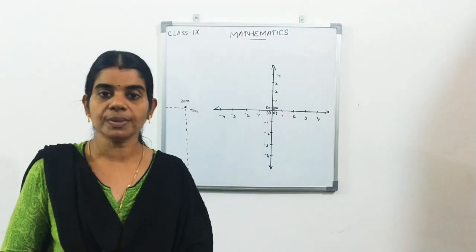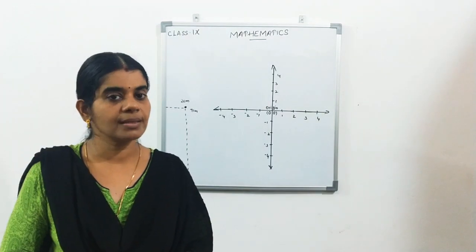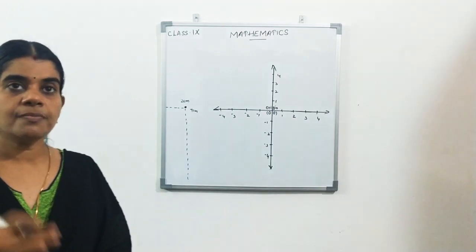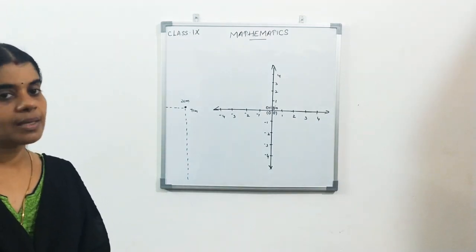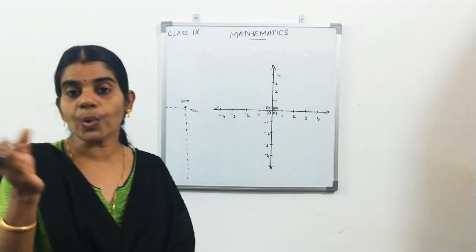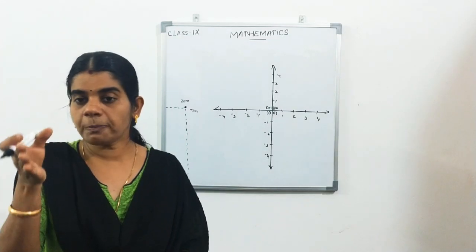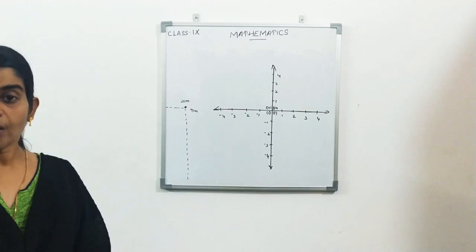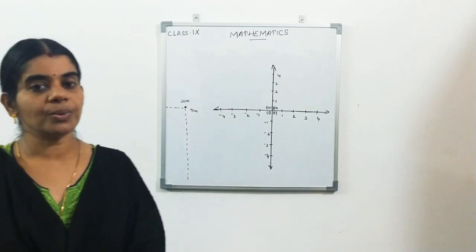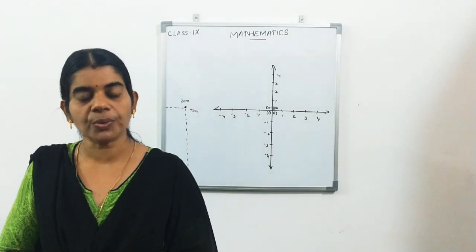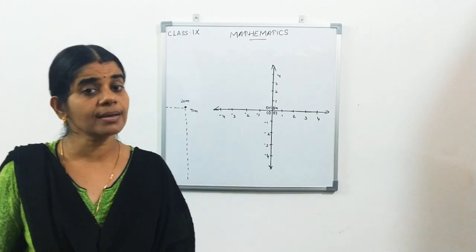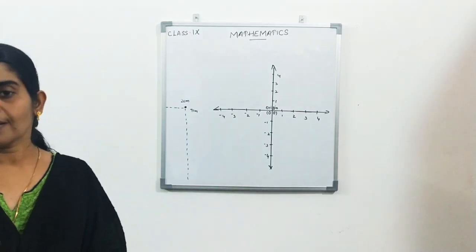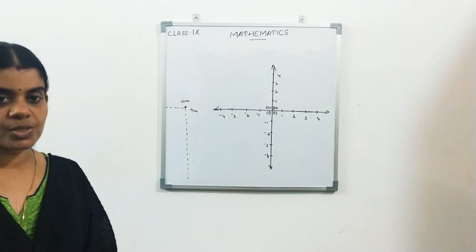That bench I am taking as the row, and the place where you are sitting in that bench you can take as the column. Then column number and row number you want to know. Then only you can say the correct seating plan in your classroom.